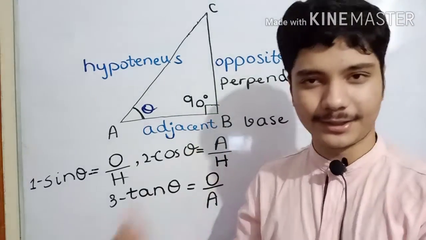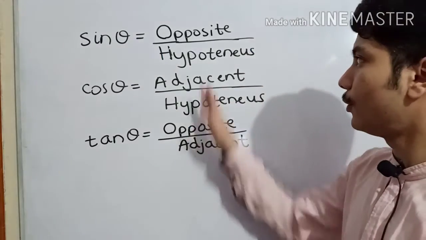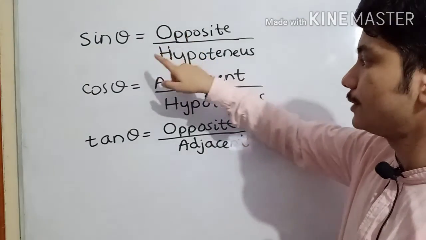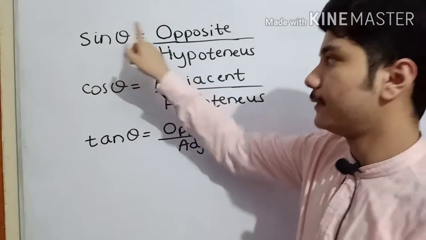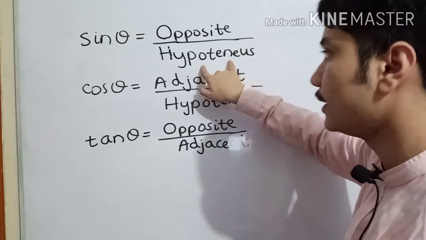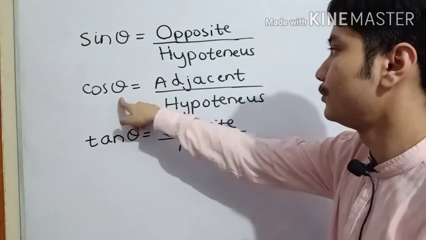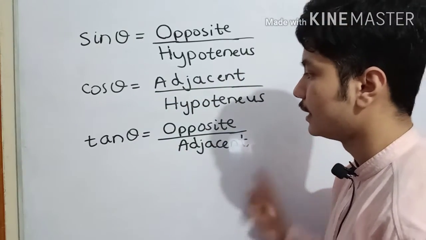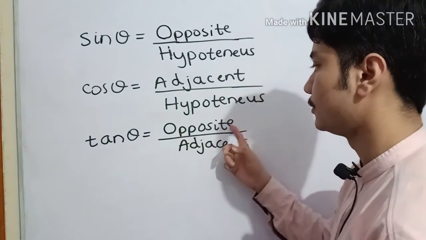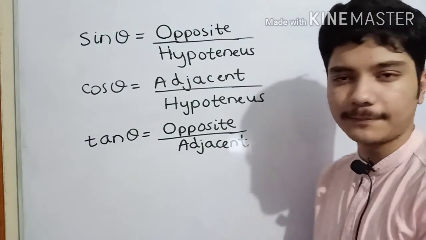Let's go in detail. You see, I have written all the trigonometric ratios. Sine theta equals opposite over hypotenuse, cos theta equals adjacent over hypotenuse, and tan theta equals opposite over adjacent. So simple, so easy.